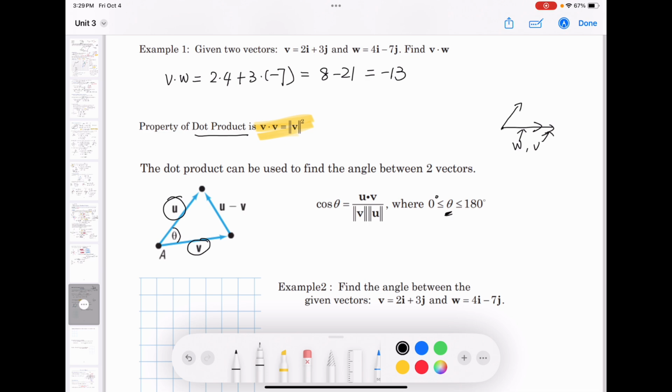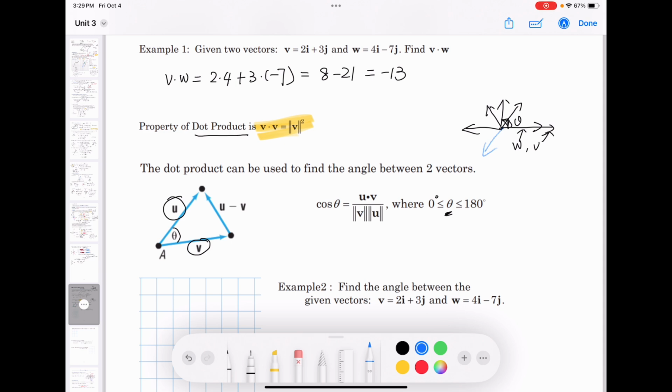I can rotate my w to make a theta, and if the angle here is perpendicular, and I rotate further, so that the vector is here, that means the angle is 180 degrees.